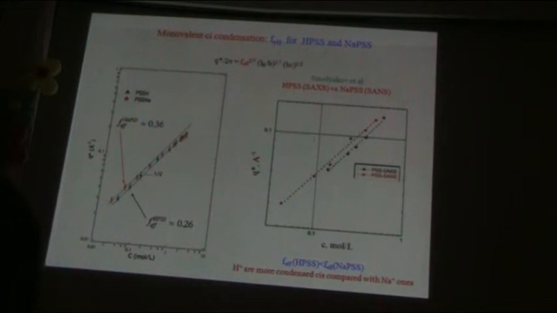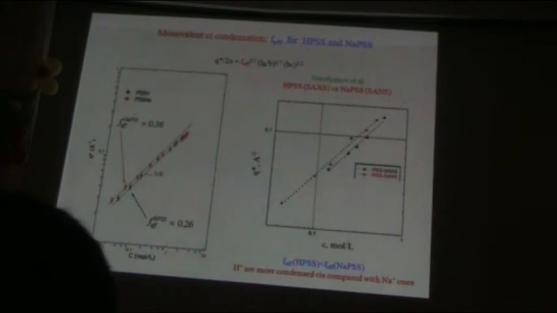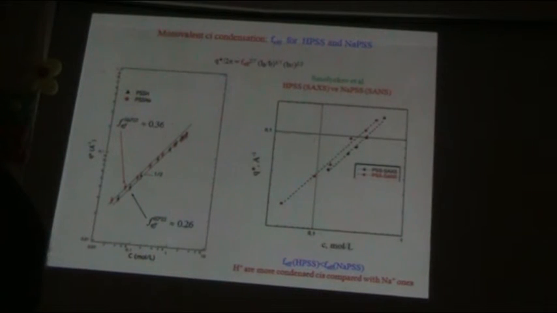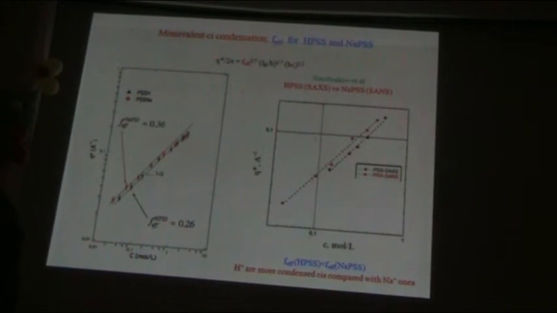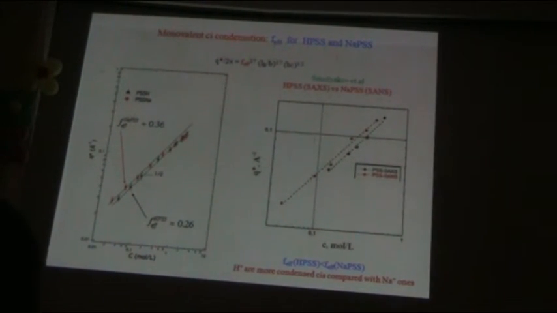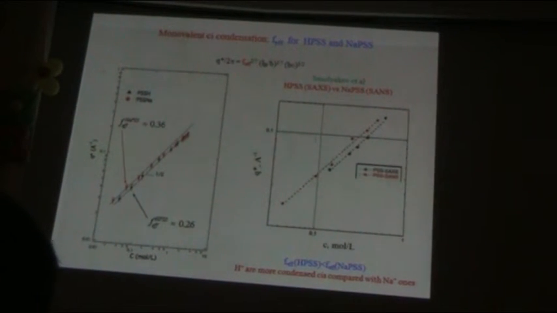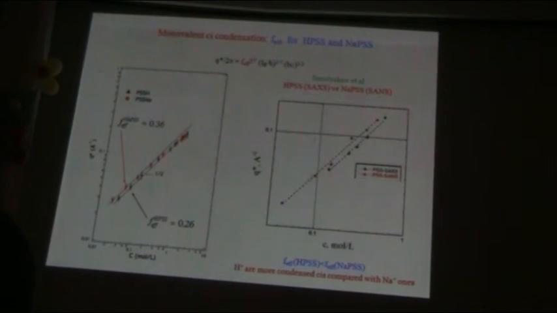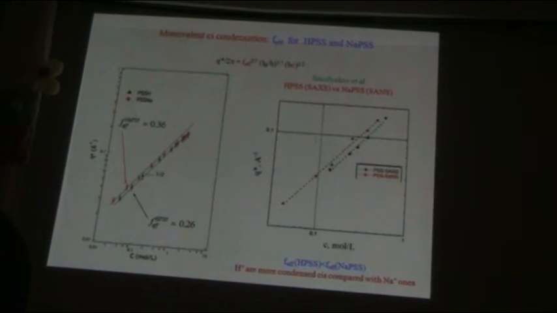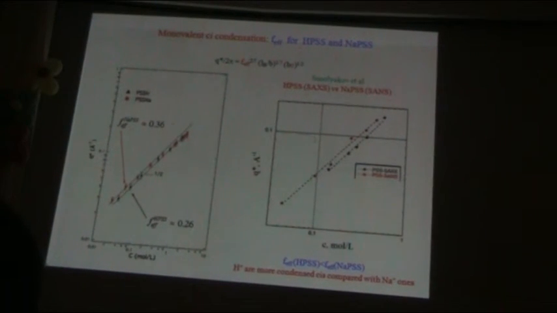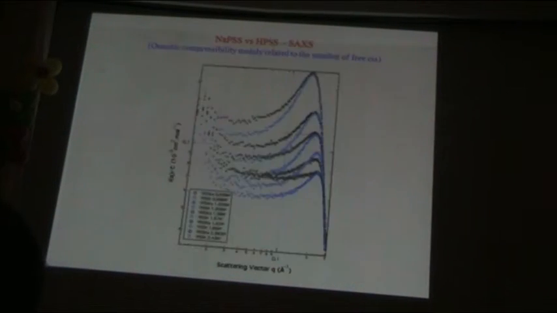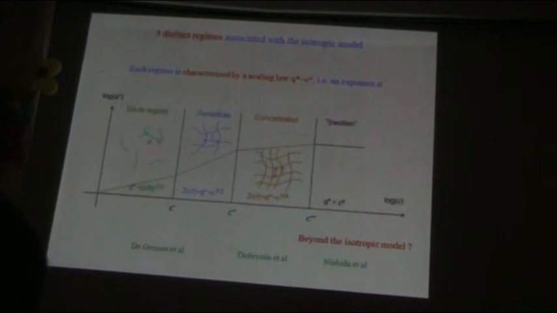I don't want to go into details, but of course, if you consider the proton, the counterion H+, it is more condensed than the counterion sodium or even the counterion cesium. That is probably due not only to the ionic radii, but also to some hydrogen bonding.